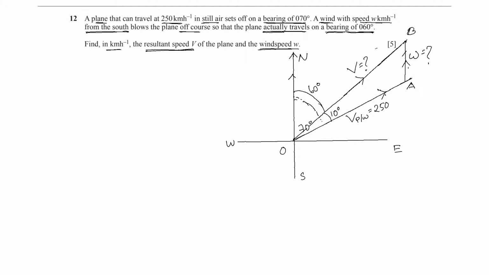The angle NOB is 60 degrees. Therefore, the angle OBA is also 60 degrees, as they are alternate angles. So the angle OAB must be 110 degrees. Now we have all the information at our disposal to solve the problem very easily.